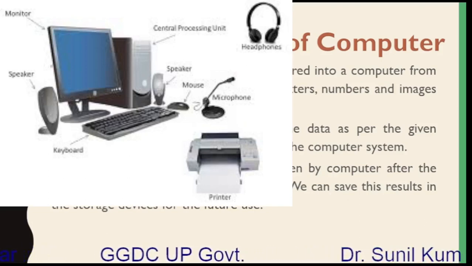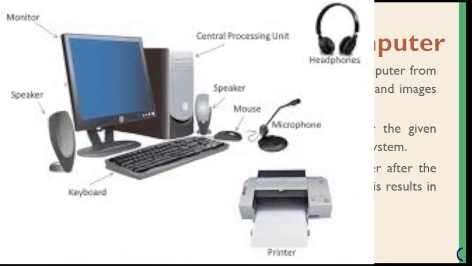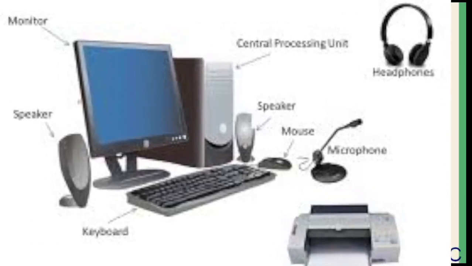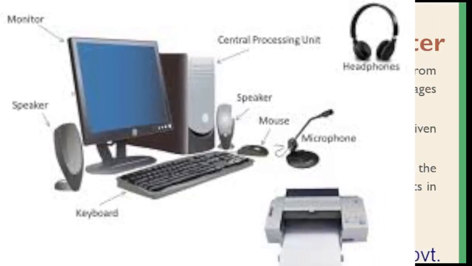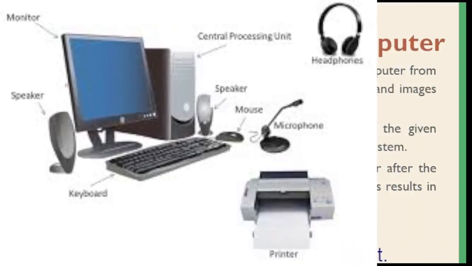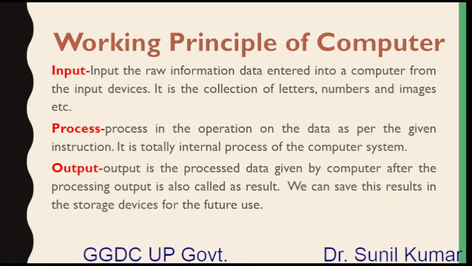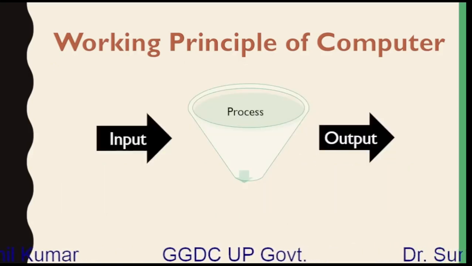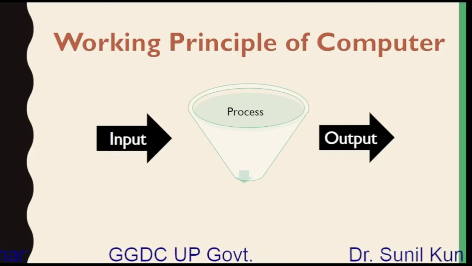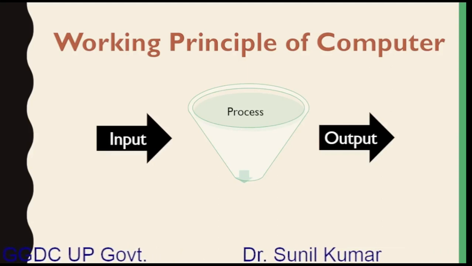In general, any data or information that is received by a computer system can be considered an input. Once the input is received, the computer processes it according to the instructions provided by the software programs and generates an output as a result. That is the working principle of a computer: input, process, and output.